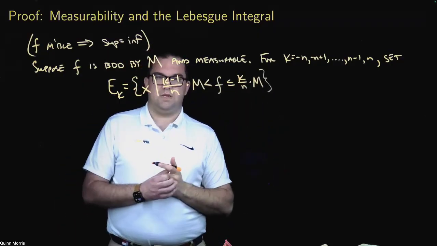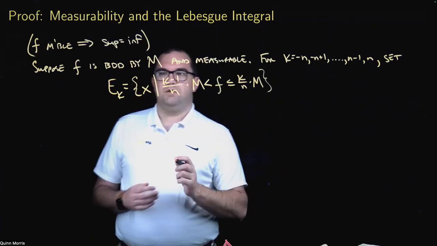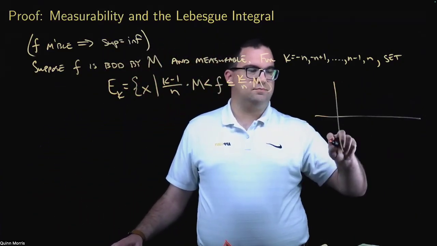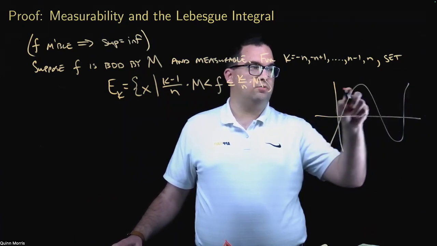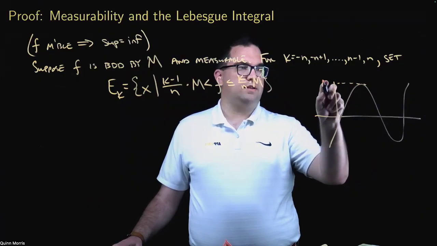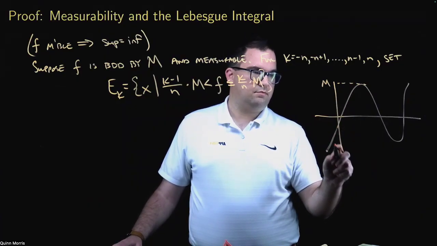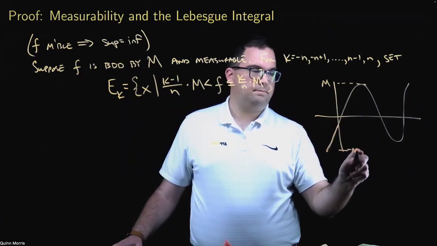All right. Now, what are we doing here? We're really taking our function f. Our function f is measurable, and we know it's also bounded. So let's say it's bounded here between M at the top and minus M down here at the bottom.